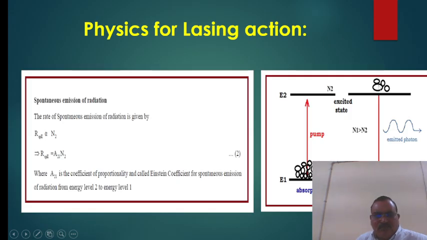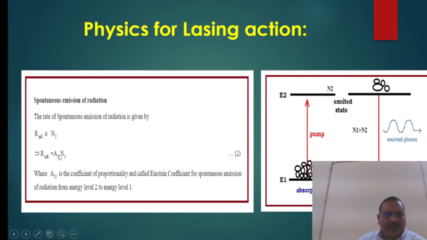So the rate of spontaneous emission is directly proportional to N2, the number of atoms in the excited state, which implies R_SP equals A21 N2. A21 is again a proportionality constant, called the Einstein coefficient for spontaneous emission of radiation from level 2 to 1.